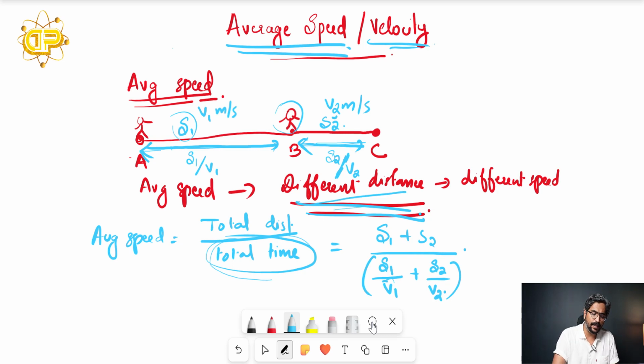If they are covering equal distance at different speeds, what will be the average velocity?